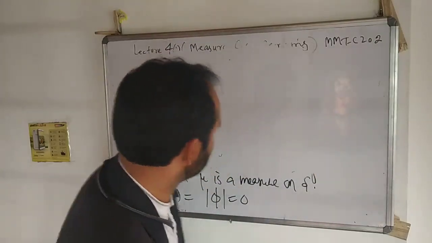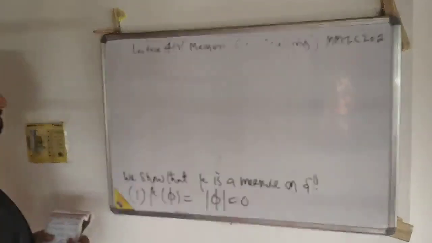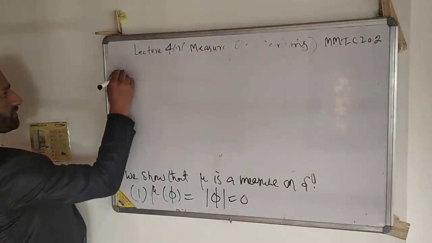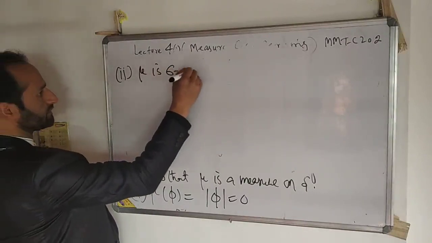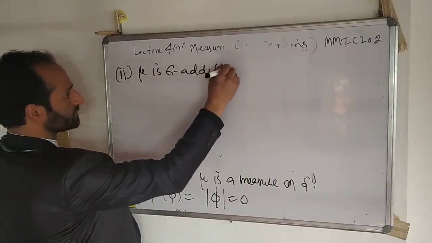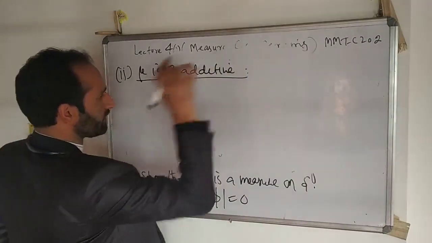Now we prove the second property, that mu is sigma additive.